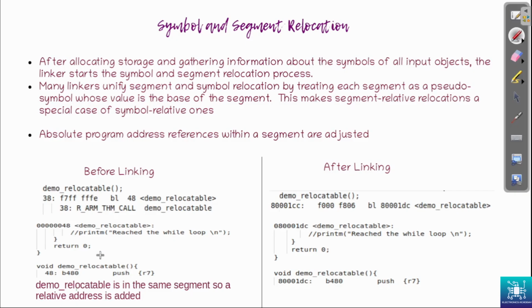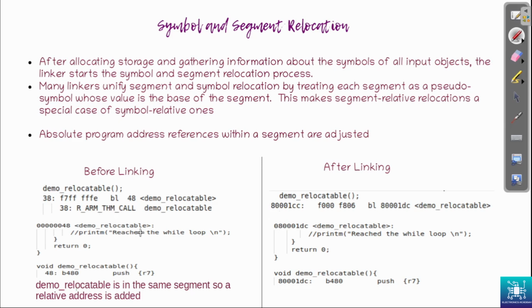Now, within a segment means, we saw that demo relocatable function within the main, and it was the same. So we saw another one where we saw toggle LED. Now the toggle LED, even if it was in the same file, still needed relocation. It's the same case here in the main.